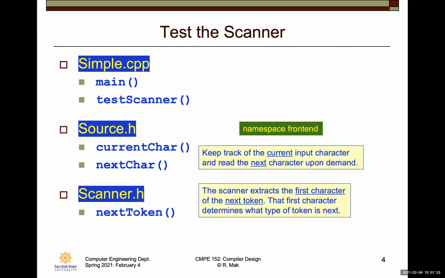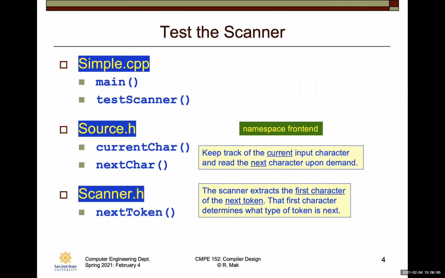Those are all tokens of the language. And the whole purpose of the scanner is to recognize the tokens in the source file, so that the parser, which is in charge of the translation, it's the boss. It determines what's going on.